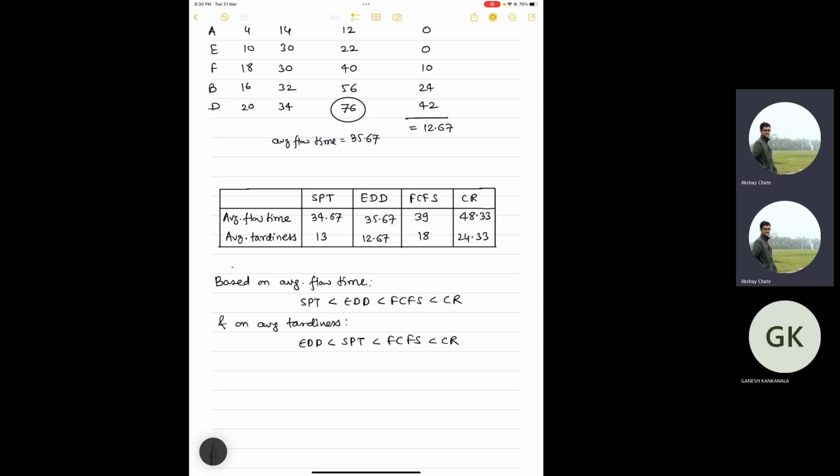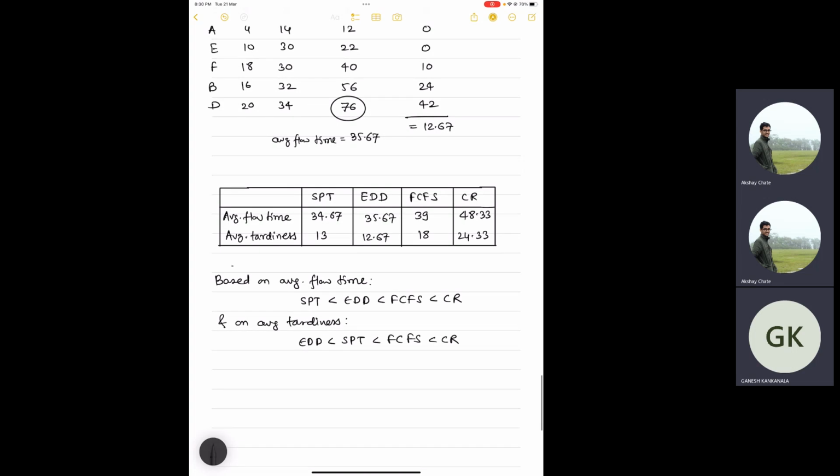So the point I'm trying to make here is, yeah, Ganesh, you wanted to ask something? Yes, sir. So we are calculating all these tables so that we can have a perfect sequence to build a perfect production line, right? Not production line, but sequencing, scheduling.